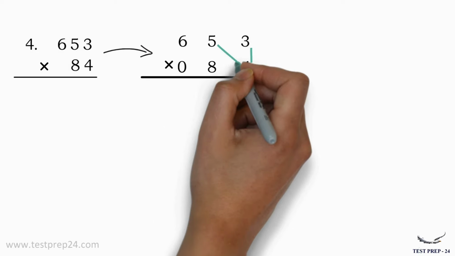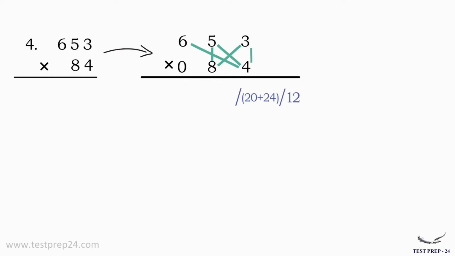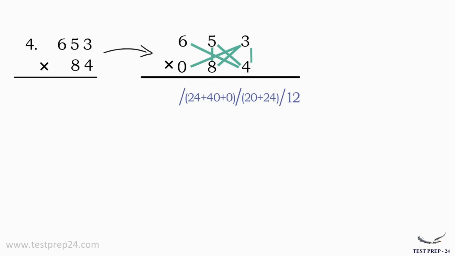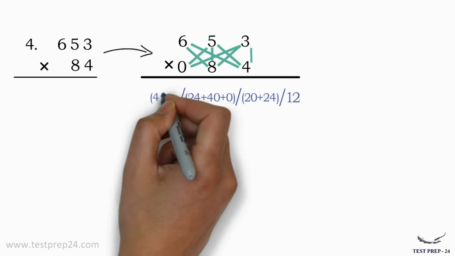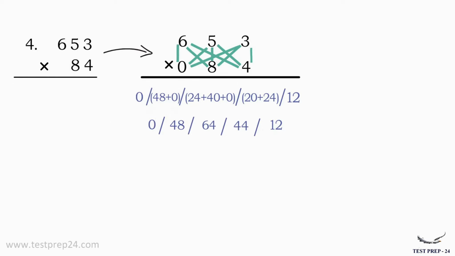5 into 4 is 20 plus 3 into 8 is 24, then slash, then 6 into 4 is 24, 5 into 8 is 40, 3 into 0 is 0, slash, and then 6 into 8 is 48, 5 into 0 is 0. Lastly, 6 into 0 is 0. So similarly, whenever you have two digits, you can add one digit as carry to the previous value.